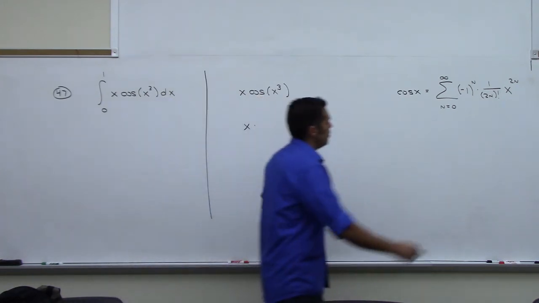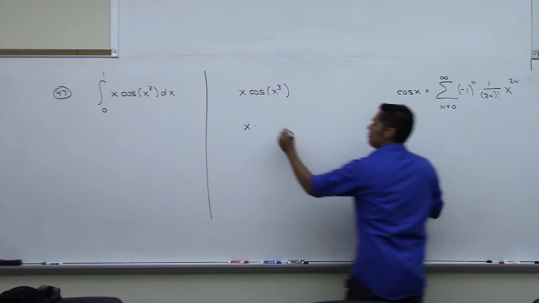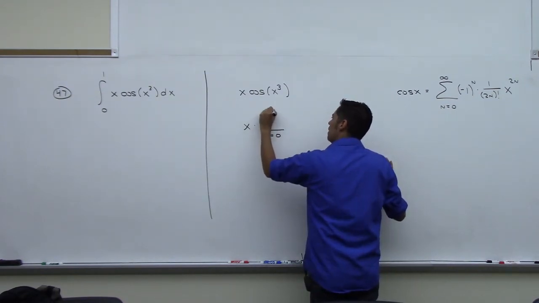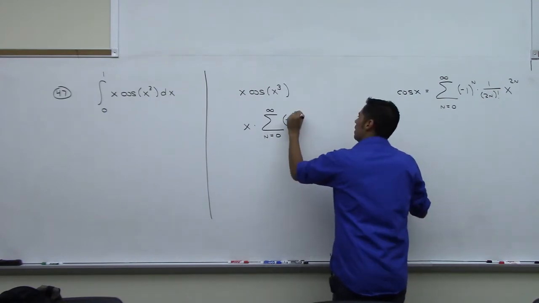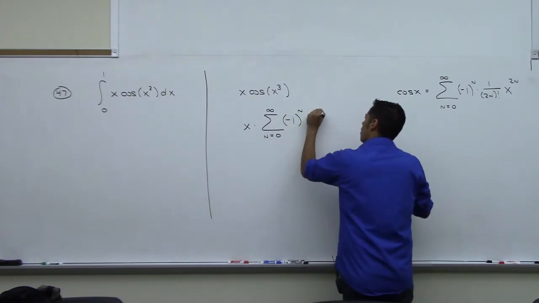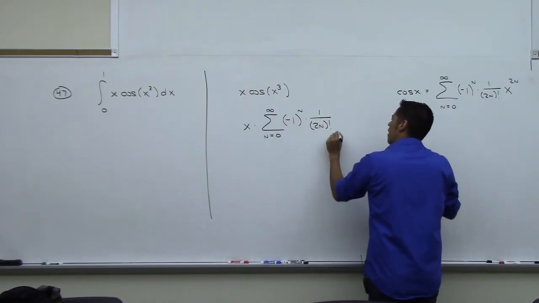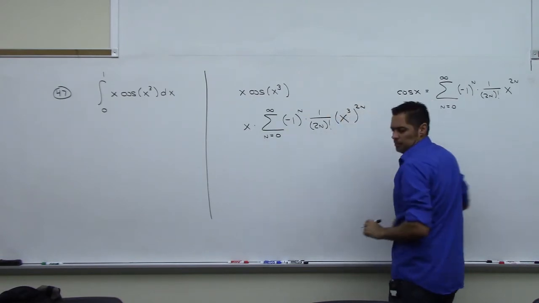So what we'll do is replace x with x cubed. And so this becomes sum n equals 0 to infinity of negative 1 to the n, and then we have 1 over 2n factorial, and then x cubed raised to the 2n.